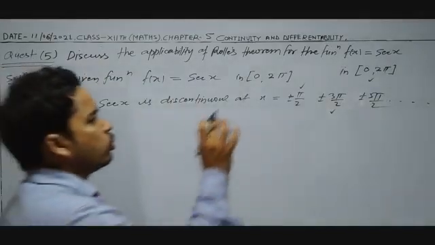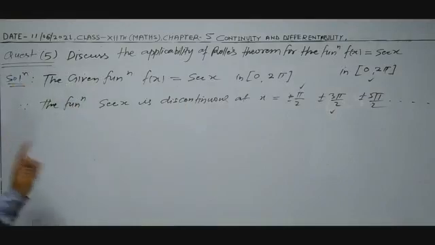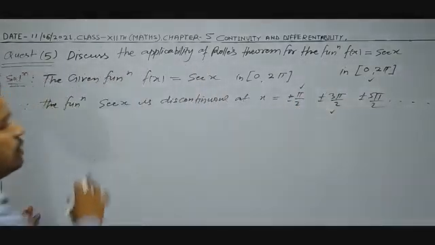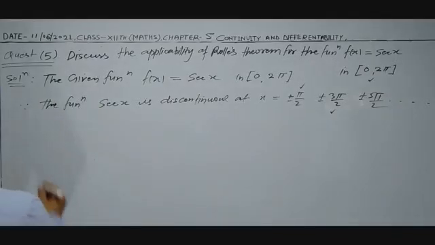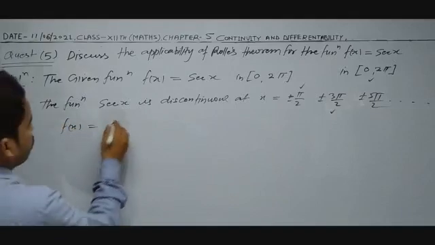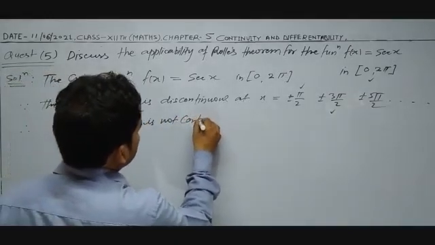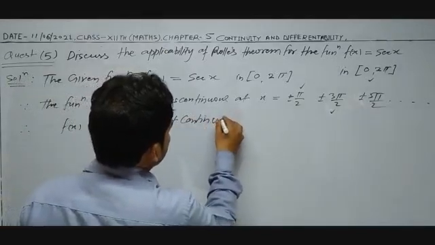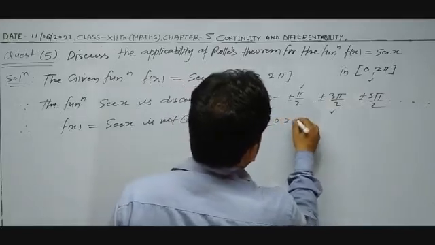So between 0 to 2π, the function sec x is broken. So you can say the function is not continuous. Function is discontinuous means not continuous. Therefore, function f(x) = sec x is not continuous in 0 to 2π.